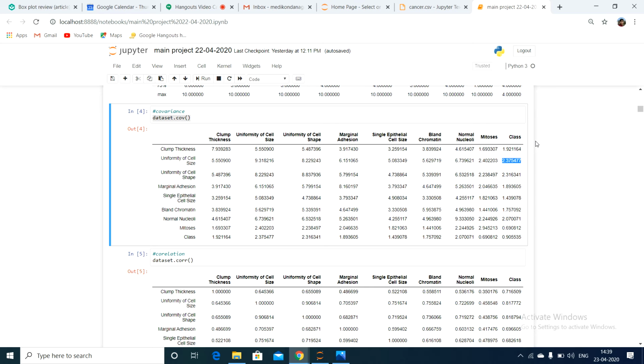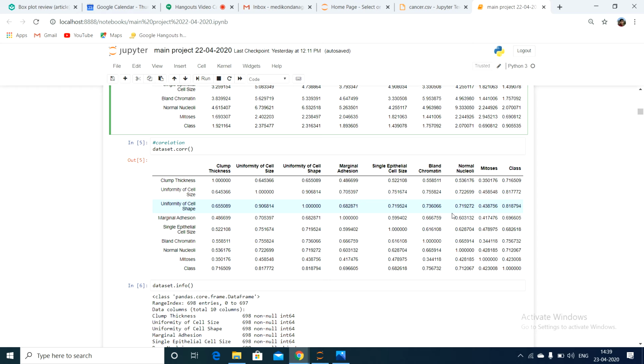It is only giving that there is some dependency between class and uniformity of cells, but it is not telling us whether it is predicting correctly or not. It shows only the magnitude, not the direction. That is covariance. Now let us move on to correlation.